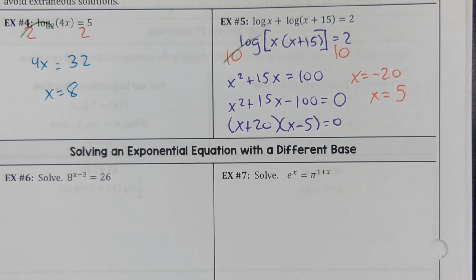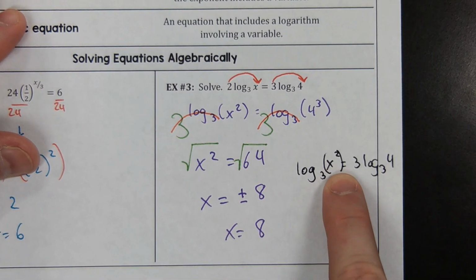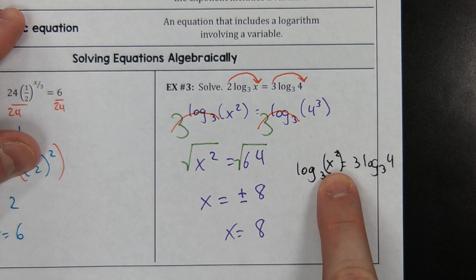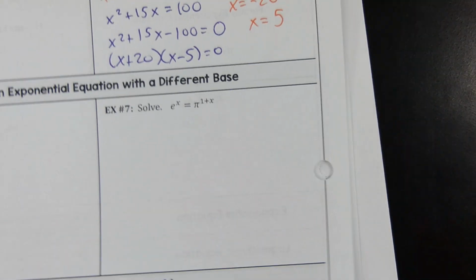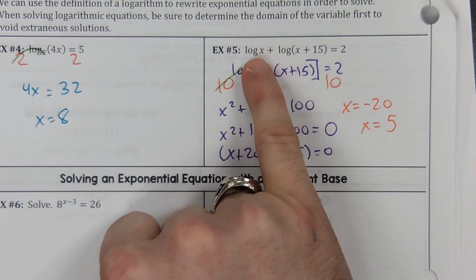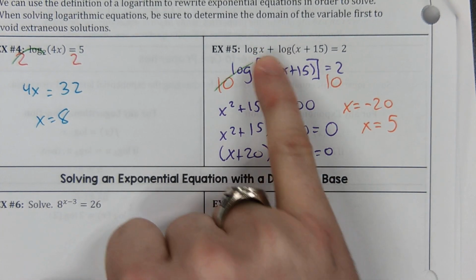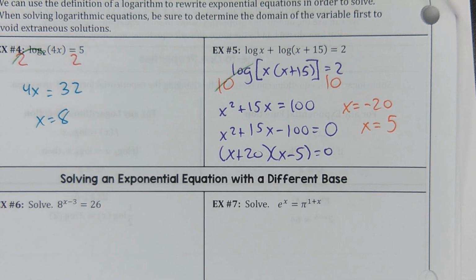There are plenty of times where negative answers are allowed. Like I said, this original setup allows negative answers. The reason why x equals negative 20 is extraneous is because it violates the domain of one or both of my logarithms. So it's not just because we had a negative answer.